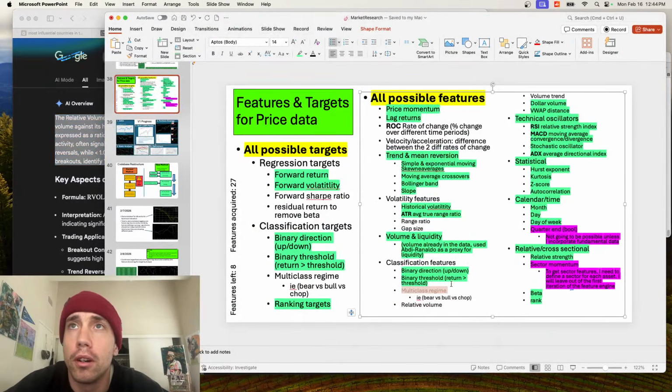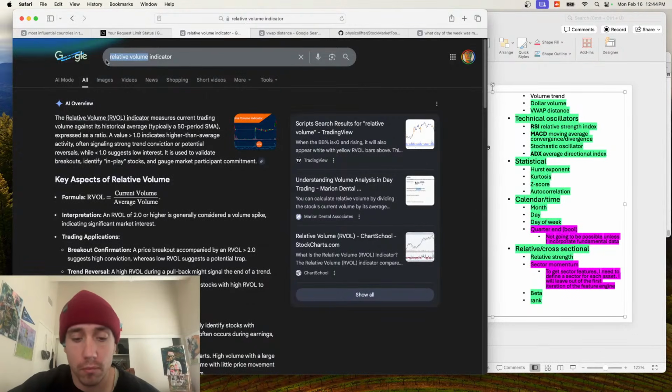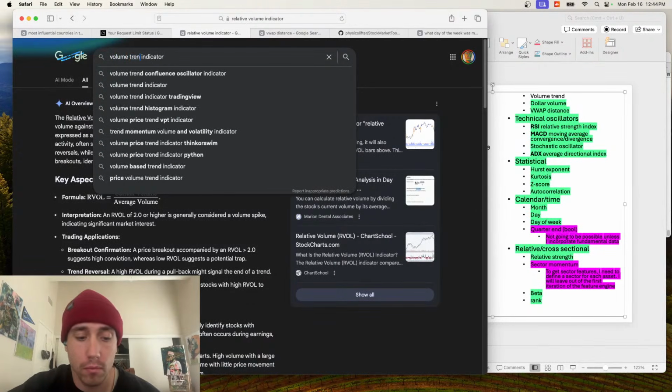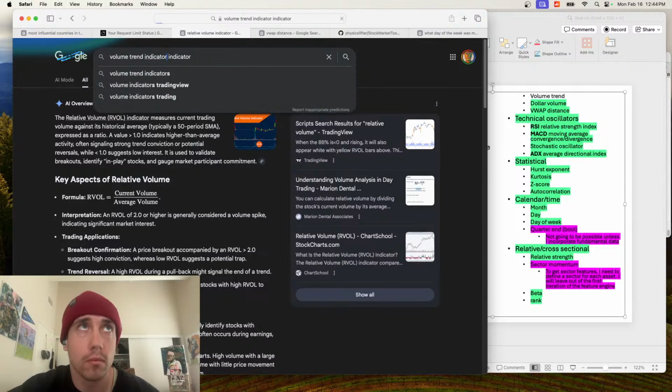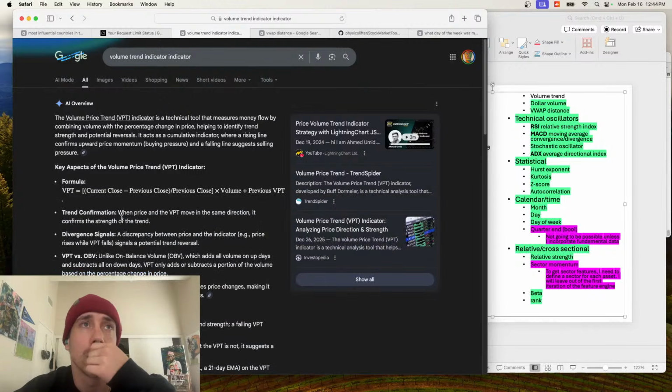This one's going to be hard, so I don't know. Current close minus previous close divided by previous close times volume plus previous VPT.